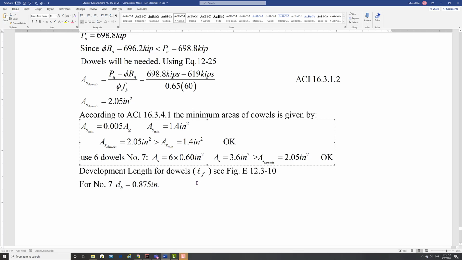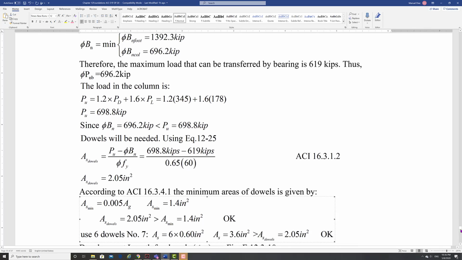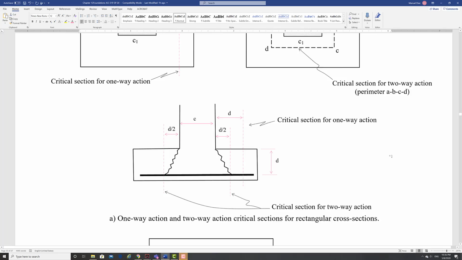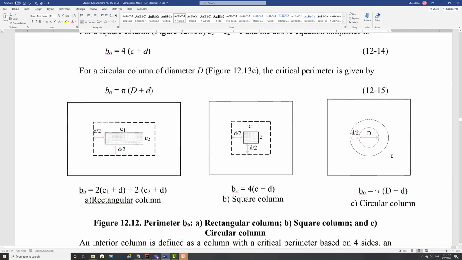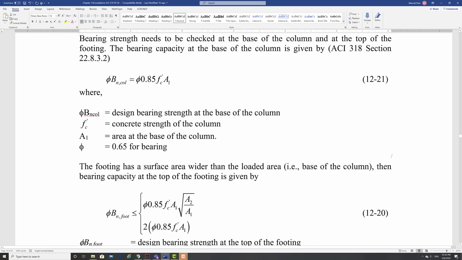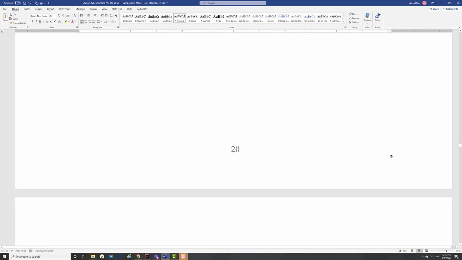Yeah. So now we need to find the development length for dowels, L_f. So now what we're doing here is, we go here. We have that drawing.